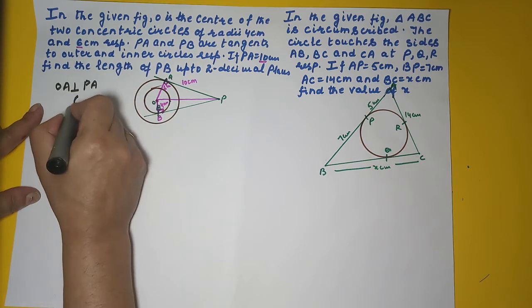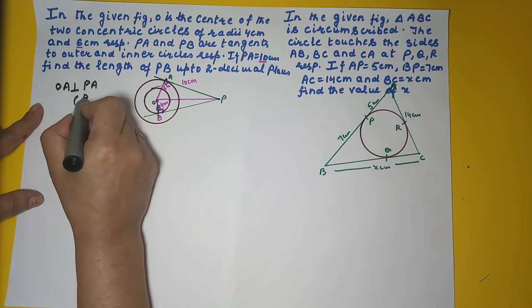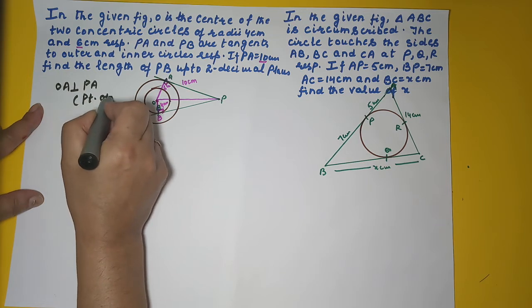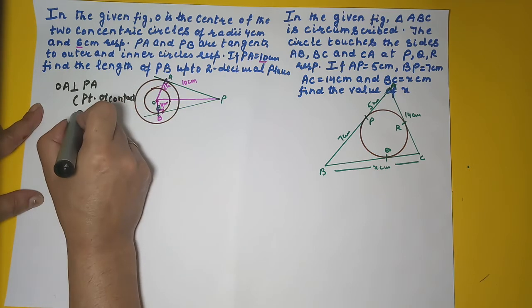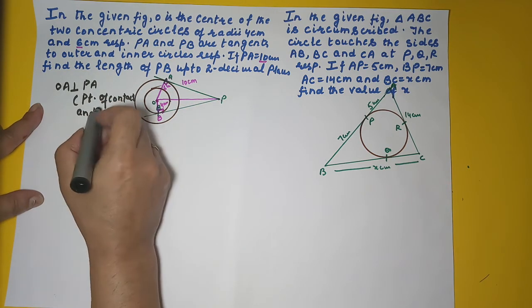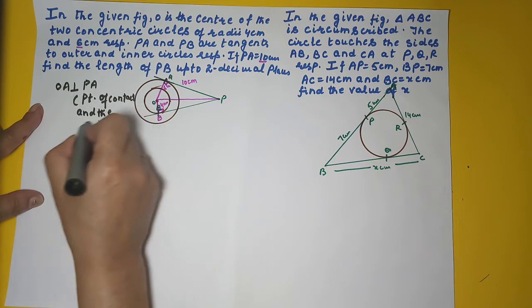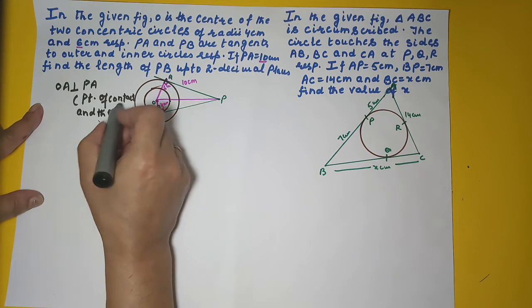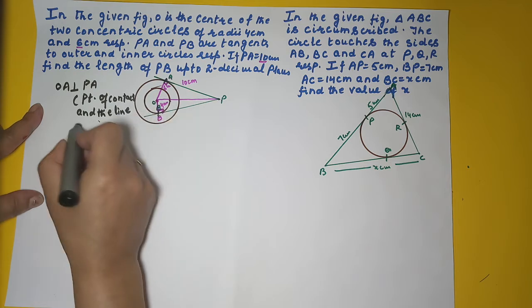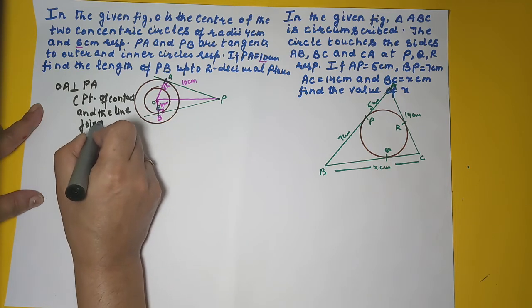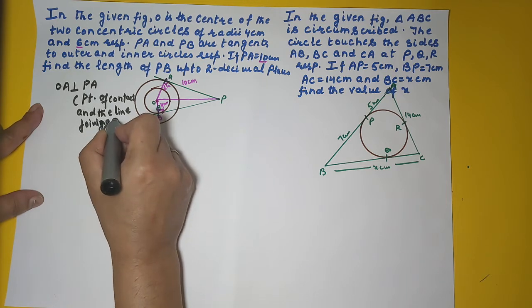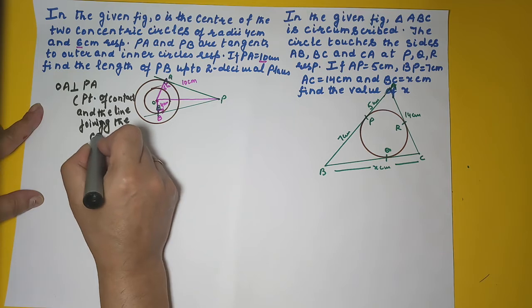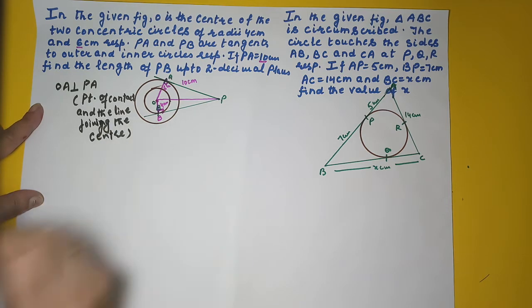Reason: the line joining the point of contact and the center is perpendicular, so the angle is 90 degree, right?